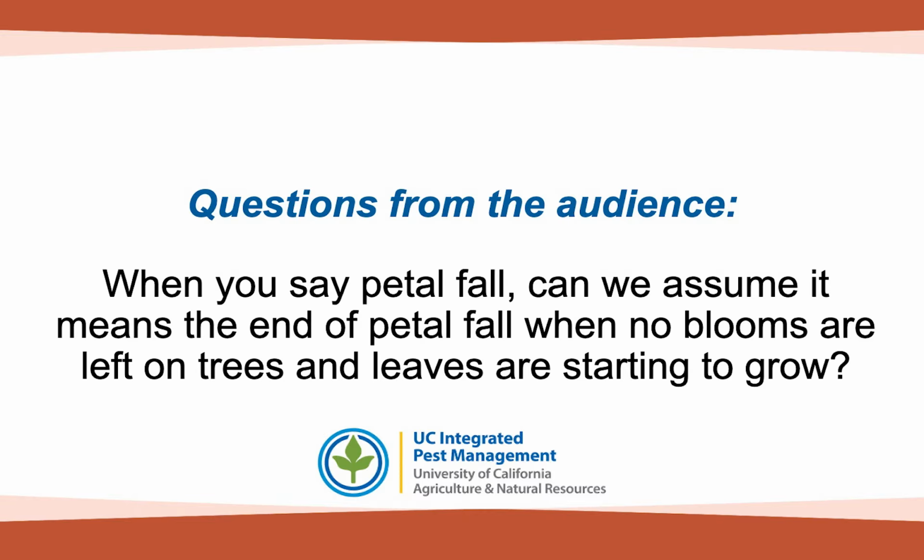Nevertheless, a lot of the products we are using have systemic activity, so I would rather favor a late petal fall than an early petal fall. You don't want to come too early when you only have 20% of the leaves out. Again, I would think of last week of February, early March for California overall as being the optimal timing.